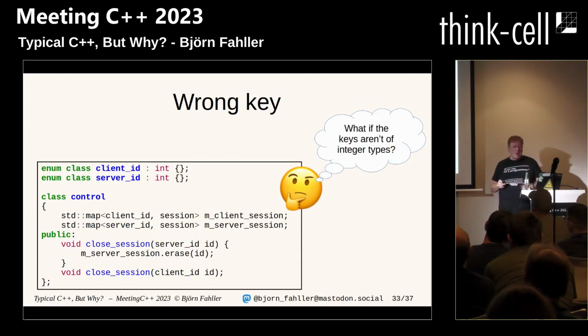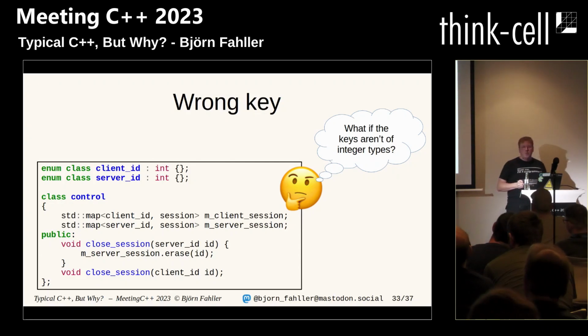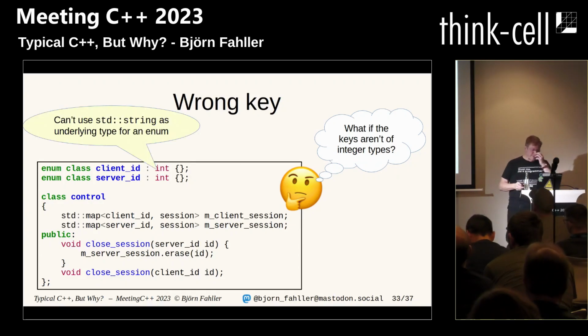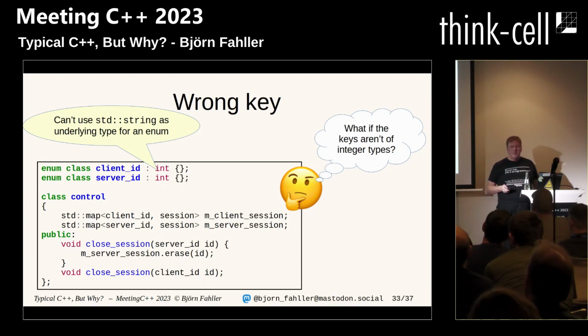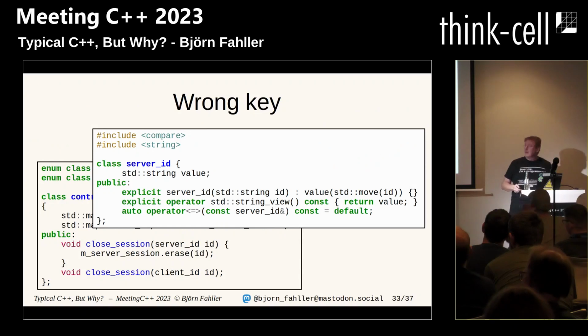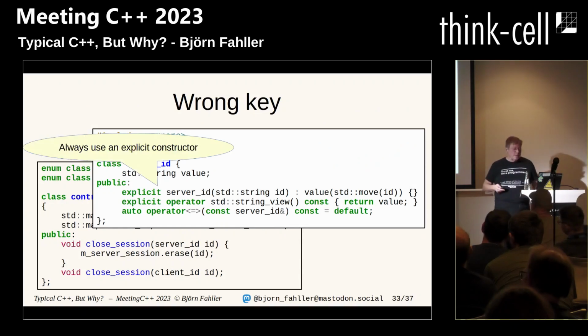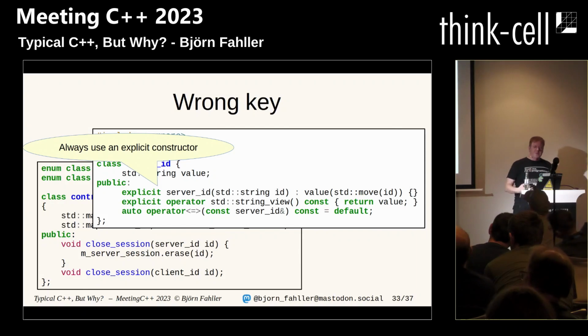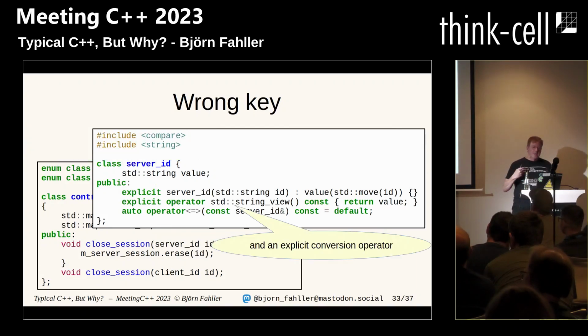All right, but what if the keys aren't of integer types then? How do we handle this? Because the enum class only works with integer types. What if I want to use a std string as the underlying type? We cannot have an enum : string. It doesn't work. Well, we can write something like this. I have a server ID, an explicit constructor from a string, an explicit conversion operator to get to its internals.